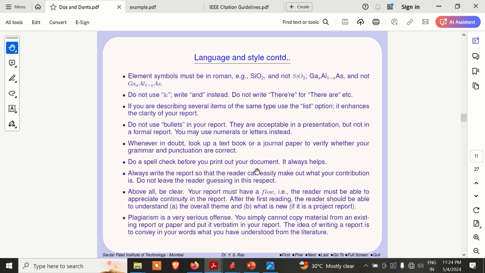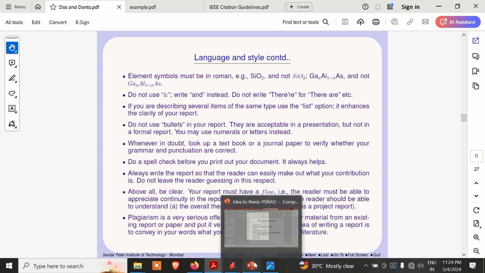You will be elaborating your contributions through text, through published media. So there are some standards. Let's discuss at least the common practices.